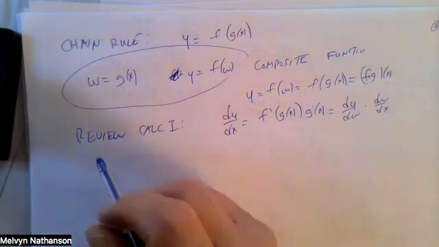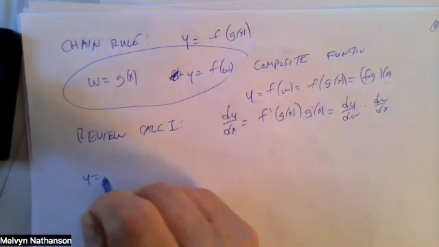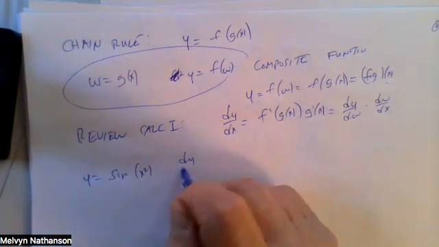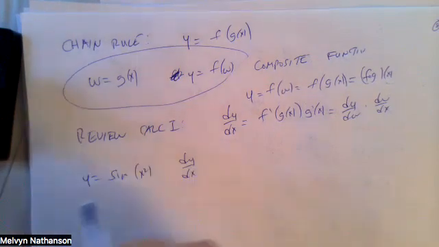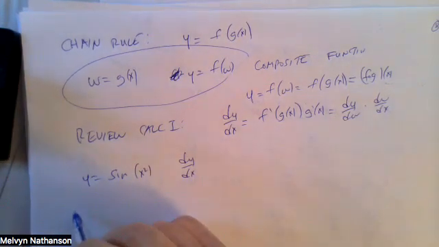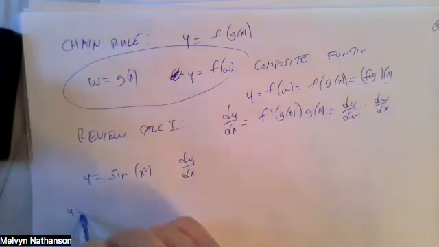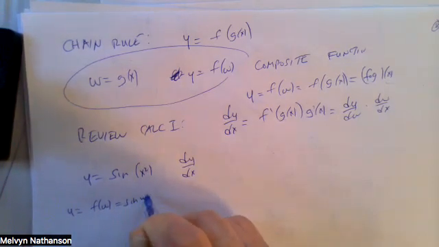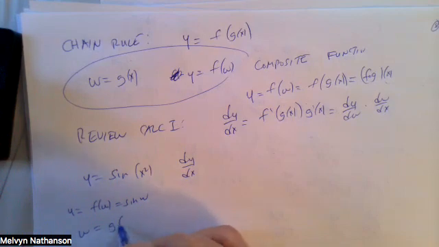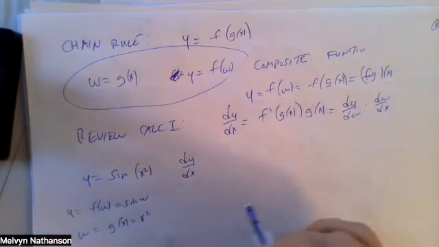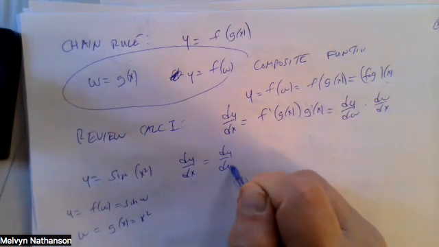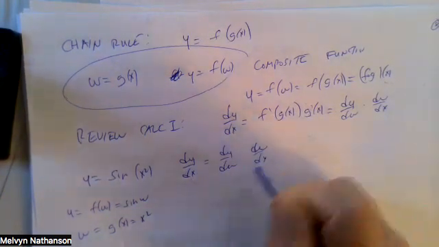So for example, if you have y is the sine of x squared, dy dx. So this is like you have the function y is some function of w, sine of w. w is some function of x, which in this case is x squared. So dy dx is dy dw times dw dx.